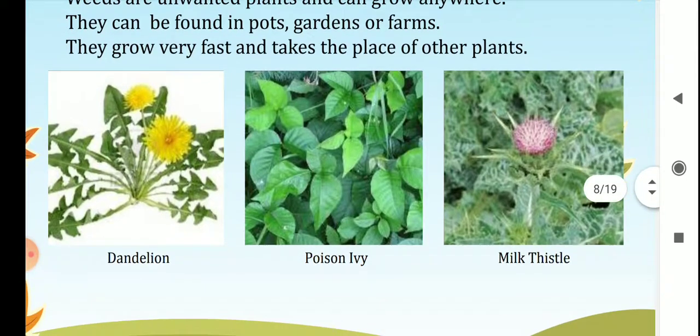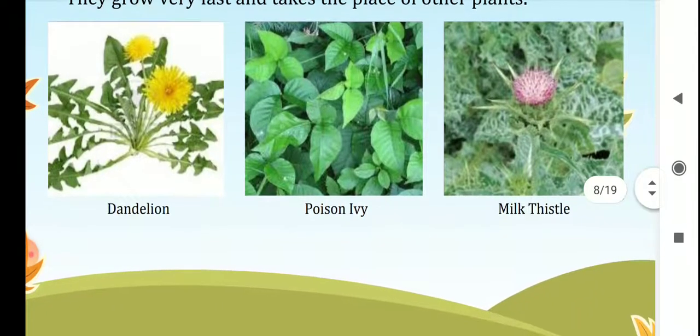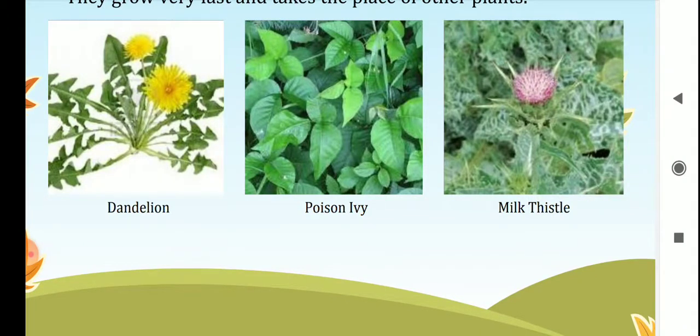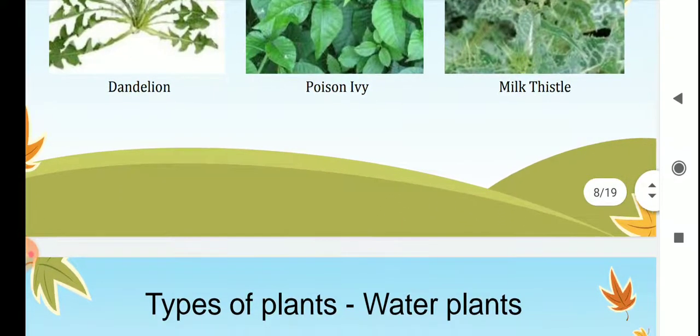These weeds suppress the growth of our desired plants. Suppose we are doing agriculture in a paddy field, but some weeds create difficulties for growing our desired plants. In gardening, yes, there will be some weeds that can create problems. The examples are dandelion, poison ivy, milk thistle, etc.